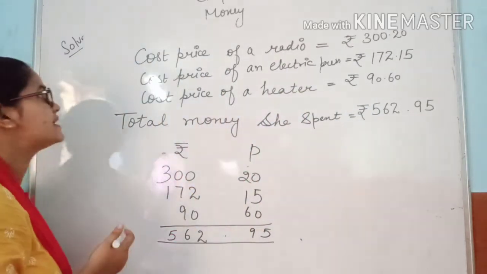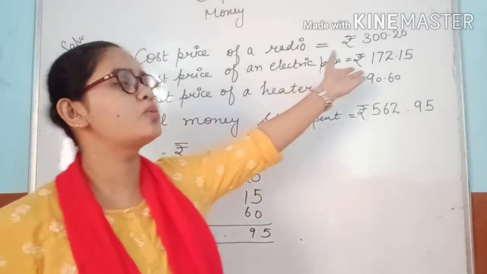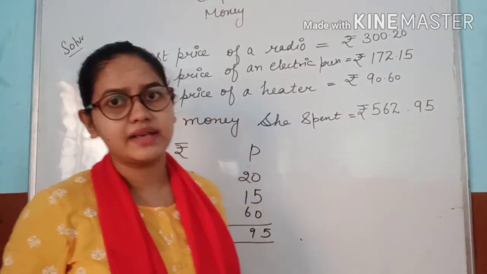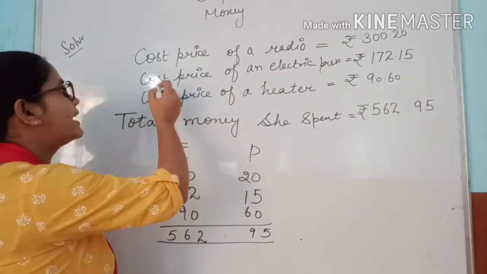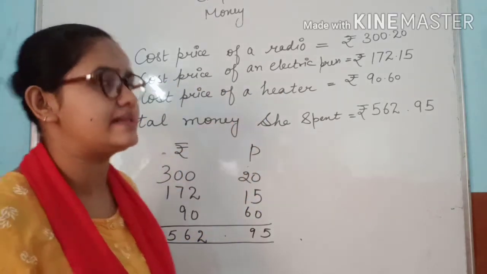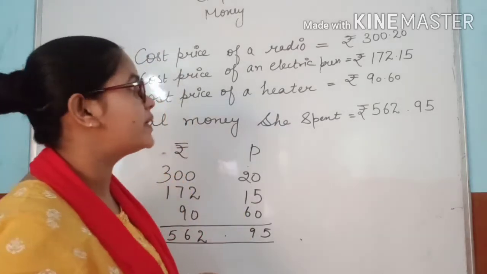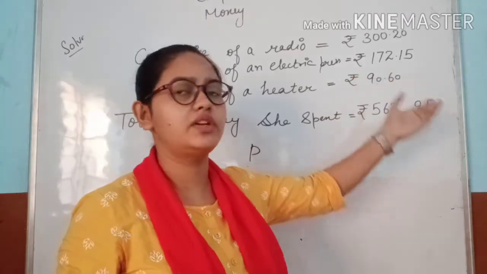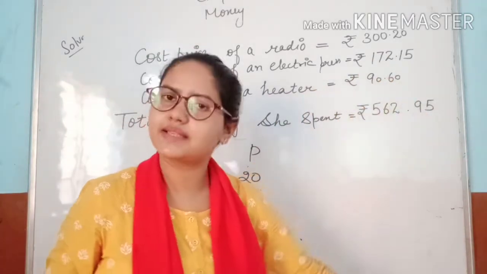So students, you can see the cost price of the radio, as I said earlier, is rupees 300.20 paise. Now the second thing she bought, the cost price of the electric press, is rupees 172.15 paise.